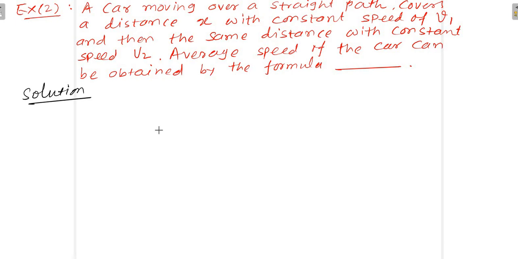Now, what is the average speed? First, we have to understand the average speed v is given by the total distance divided by total time.